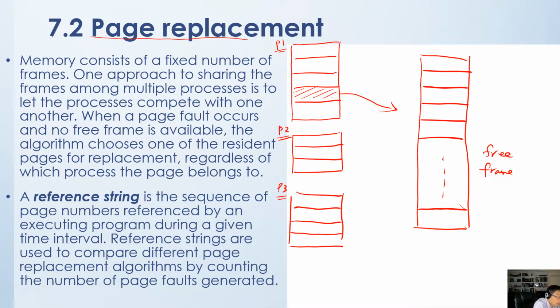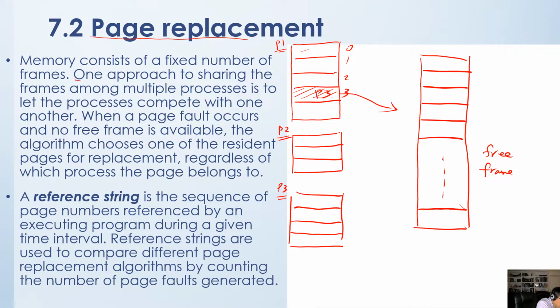For example, if a page of P3 wants to be loaded into the memory, are we going to only replace the pages belonging to P1, or can we replace the pages belonging to P2 and P3? That's a good question, right?